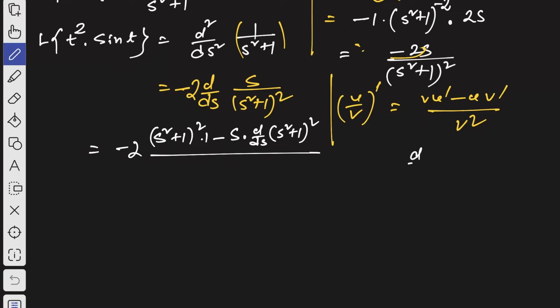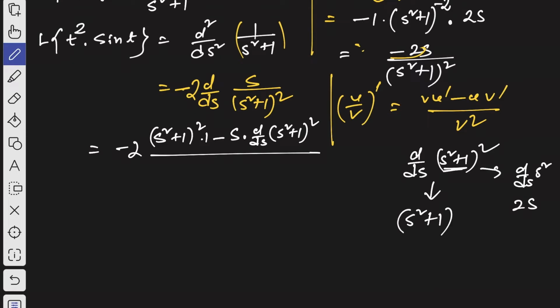The derivative of (s square plus 1) whole square: considering this one as s square, if you differentiate s square, then you should get twice s, right? So in that case you should get 2 into (s square plus 1). But here it is not only s, it is a function of a function, s square plus 1.